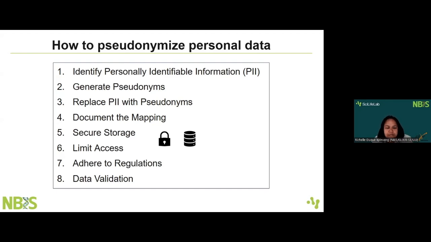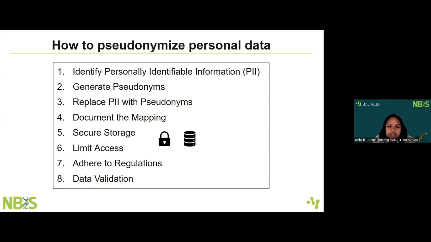For example, this could be ABC123 or something to this pattern. And then you replace the PII with these pseudonyms. Then you document the mapping, meaning you keep a record of the mapping between the original identifiers and the pseudonyms, since this is very crucial for any future reference or data analysis.